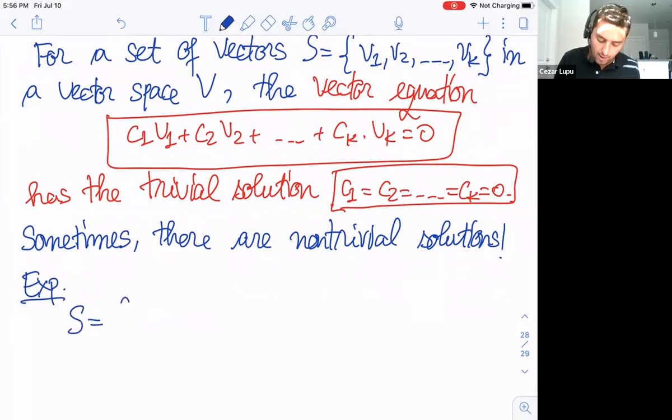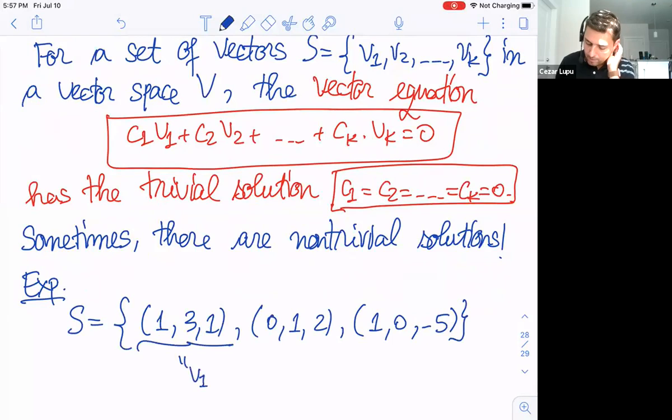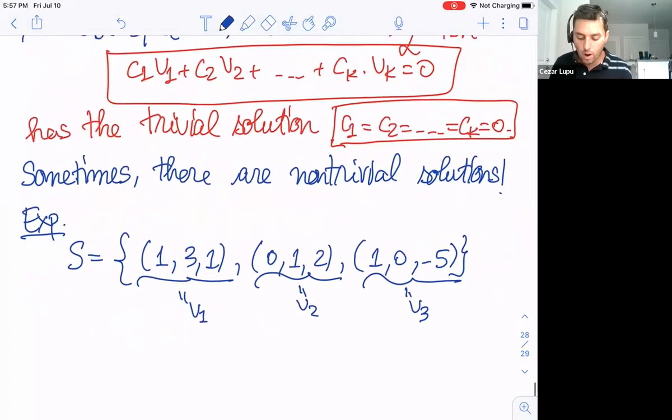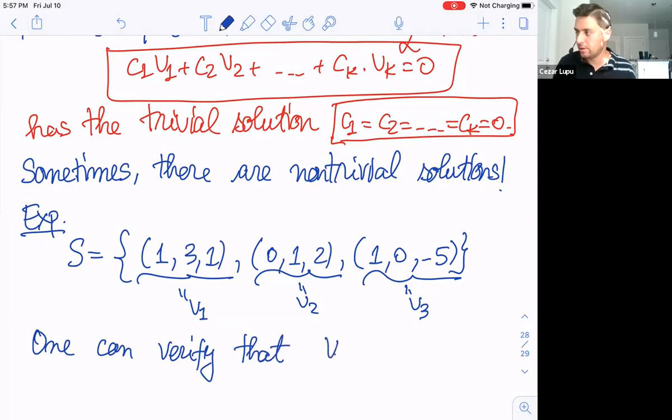Let's consider the set S consisting of these vectors: (1, 3, 1), then (0, 1, 2), then the third vector (1, 0, -5). So this is V1, this is V2, and this is V3. One can verify that V1 is 3V2 plus V3.